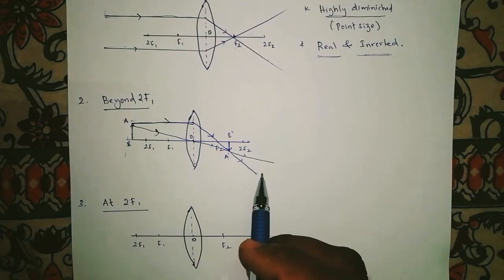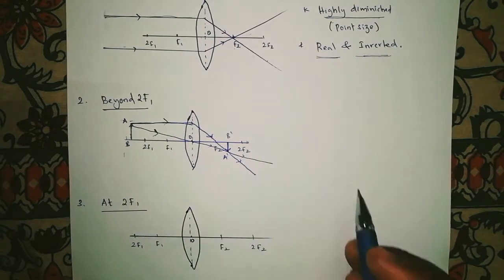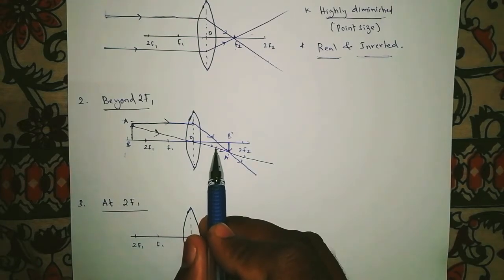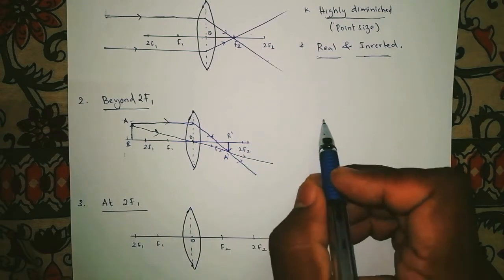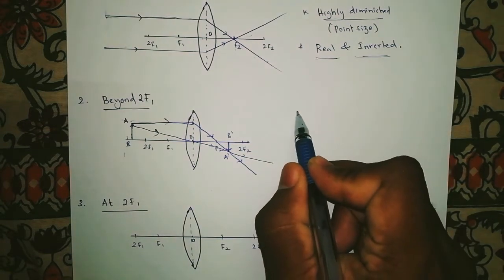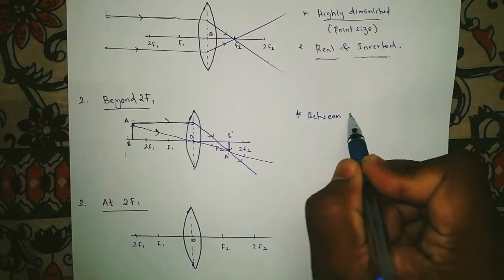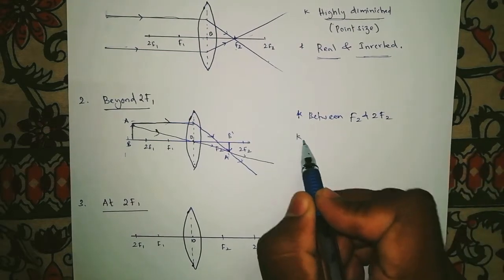Okay, so now you can see that difference, and you can even compare the image. So what is the position here? The position is between the point F2 and 2F2. Am I right? So where is the image formed? Position of the image is between F2 and 2F2, right?